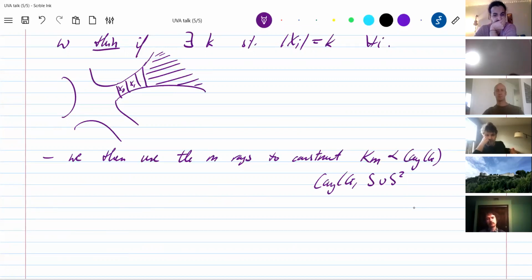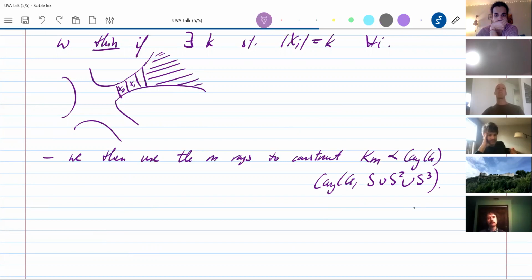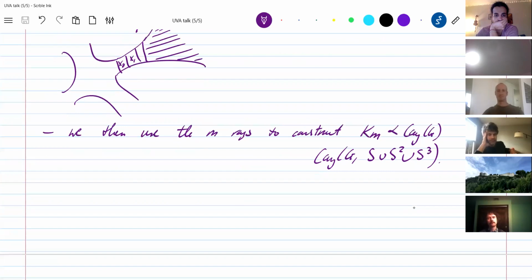We have to include as edges also anything that is connected by at most 2 edges and at most 3 edges. Okay, but this allows us to construct a K_m minor inside this Cayley graph, and so that gives us a contradiction because we supposed that our Cayley graph was always minor excluded regardless of the generating set. Okay, so that's the general idea of the proof.